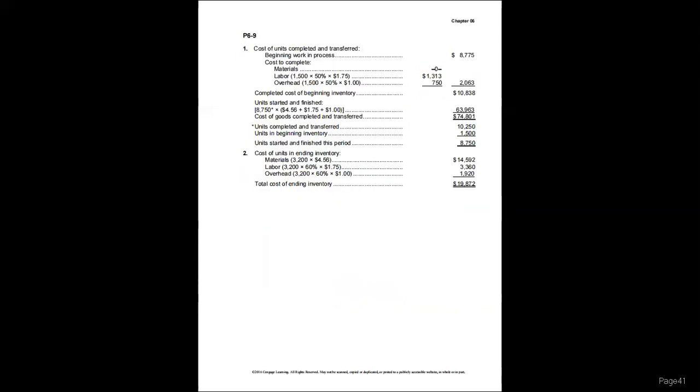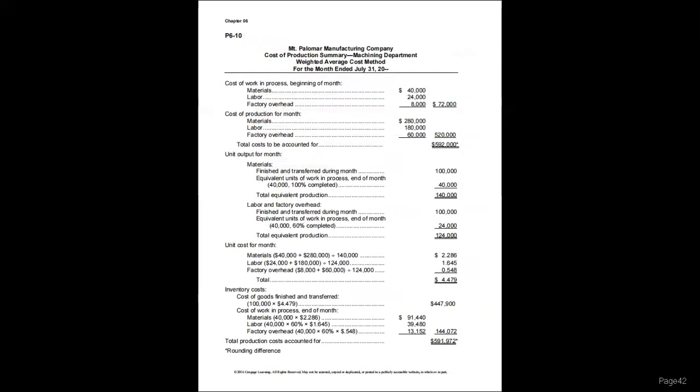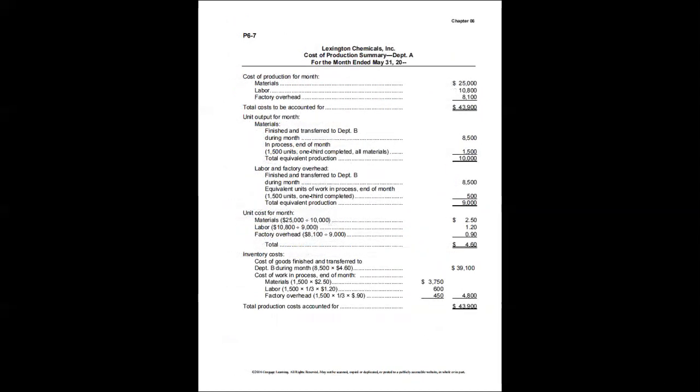Now, going back to the reports, actually we are still trying to determine in 6-7. Okay, in 6-7, we have in Department A transferred to Department B a total of 8,500 units times 4.60.